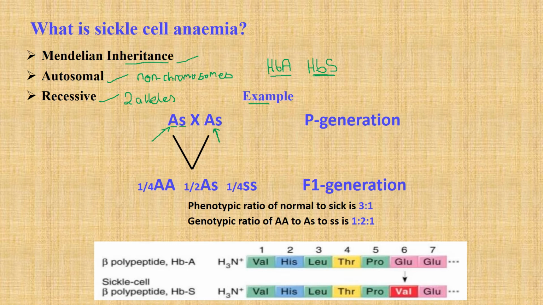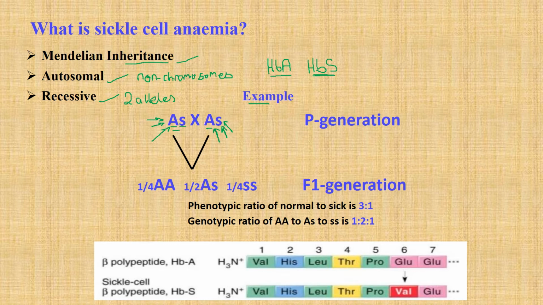So we have a cross between these two heterozygously normal individuals, or carriers. Mind you, we said that gender does not affect it. So this individual can be male and this one female, or this one can be male and this other one female, because they are carried on the autosome.